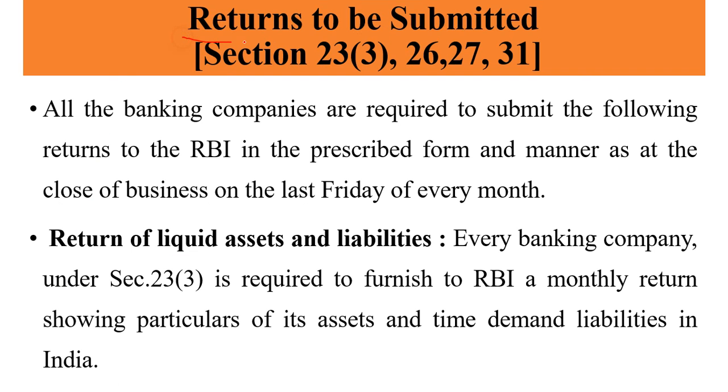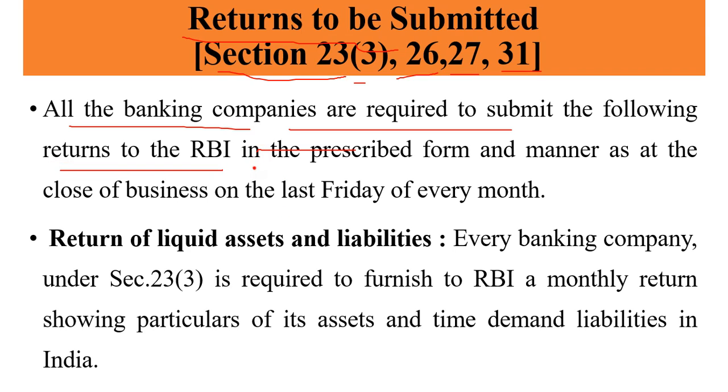Next is returns to be submitted according to section 23 subsection 3, section 26, section 27 and section 31. So all the banking companies are required to submit the following returns to RBI in the prescribed form and the manner as at the close of business on the last Friday of every month.